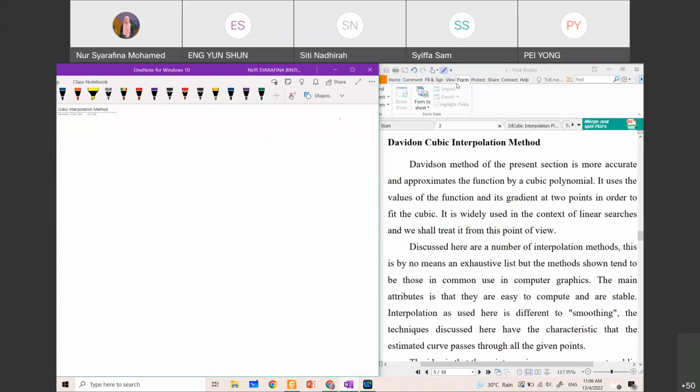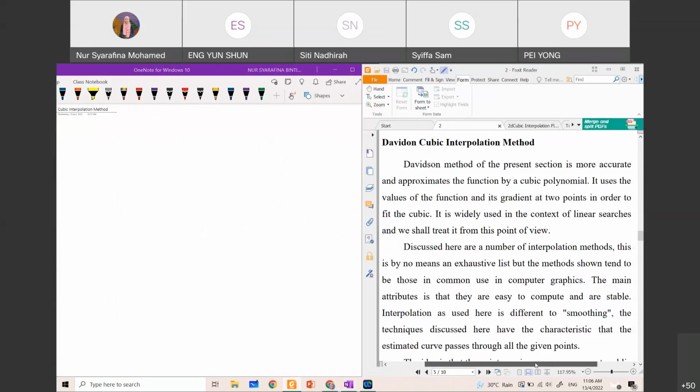It is still an interpolation method, but what is the difference from quadratic interpolation? I hope you have read this. Cubic interpolation is more accurate because we use a cubic polynomial.